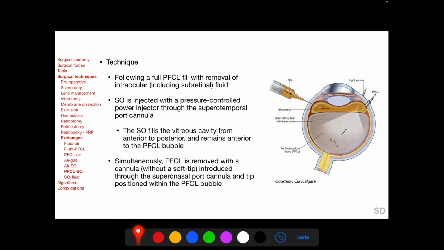For PFCL-SO exchange, following a full PFCL fill, silicone oil is injected with a viscous fluid injector through the supratemporal sclerotomy cannula. The silicone oil fills the vitreous cavity from anterior to posterior and remains anterior to the PFCL bubble. Simultaneously, PFCL is removed with a cannula introduced through the supranasal sclerotomy cannula, and the tip of the cannula is positioned within the PFCL bubble.